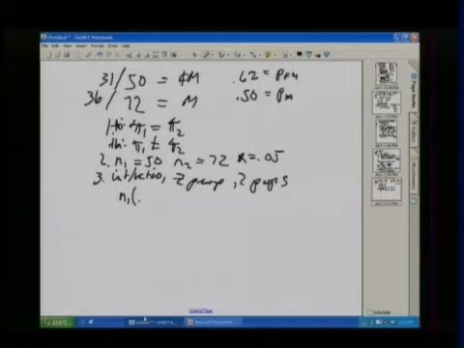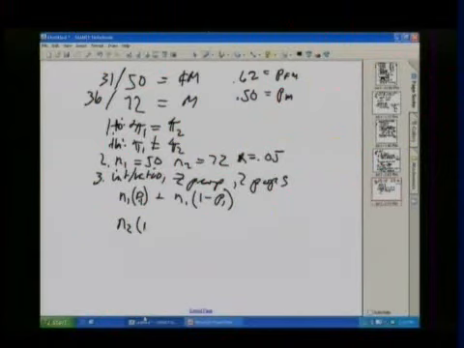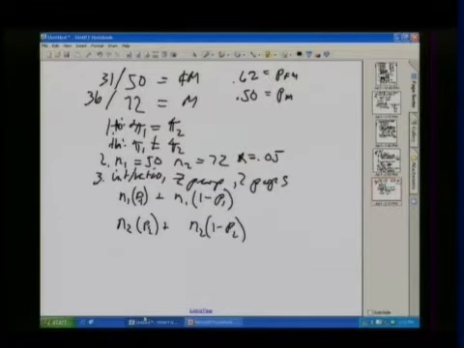So I'd have N1 times P1, and then N1 times 1 minus P1. Remember, these are the four combinations I need to test. N2 times P2 and N2 times 1 minus P2. All of those products have to be at least 5.